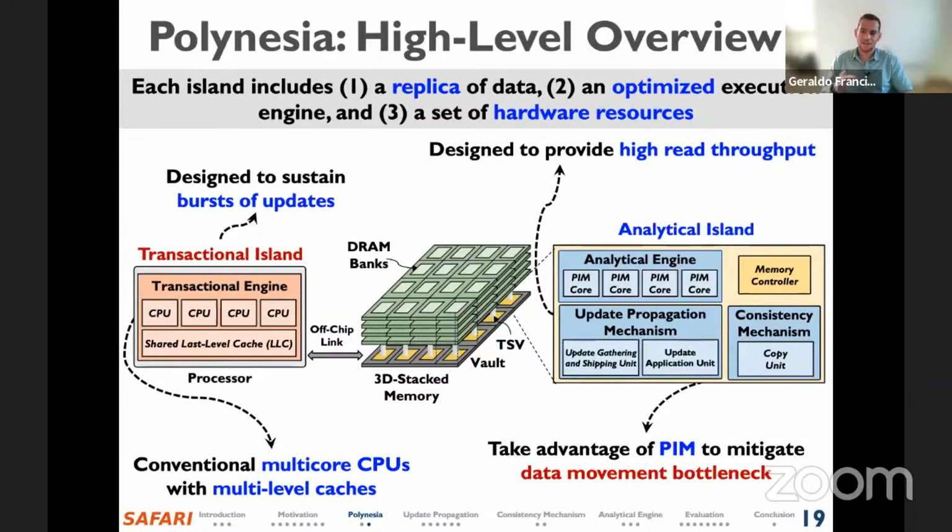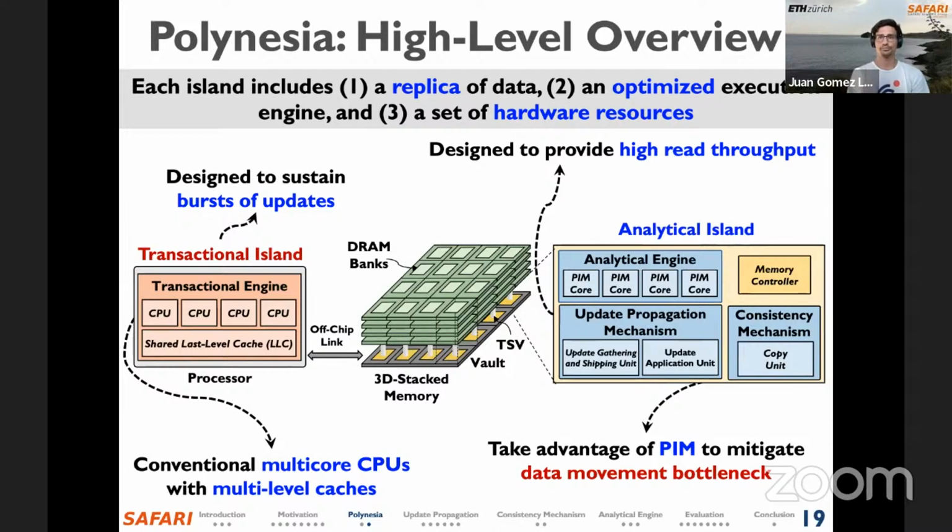But prior to Polynesia, there are some other works that propose some hardware-software co-design for HTAP systems, not necessarily as we do, but some sort of hardware acceleration. A bunch of them leverage the GPU as one of the hardware components of the system, so this could be a different execution engine, for example.